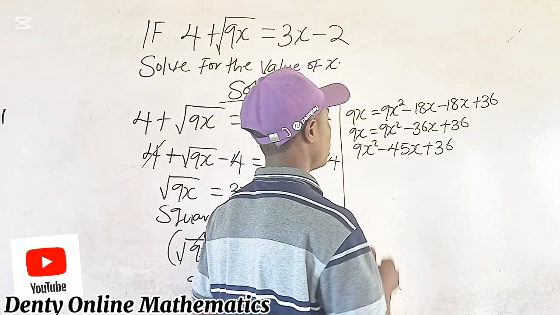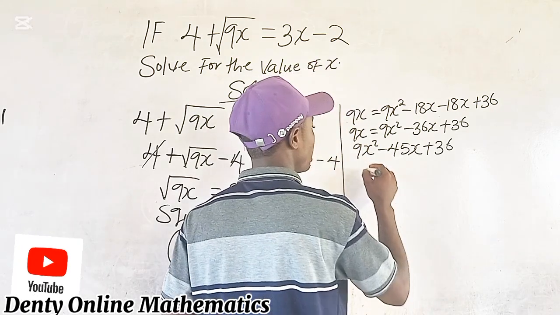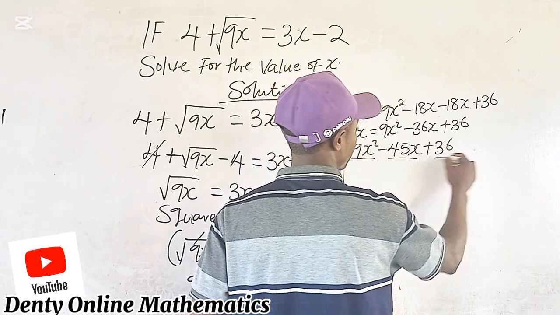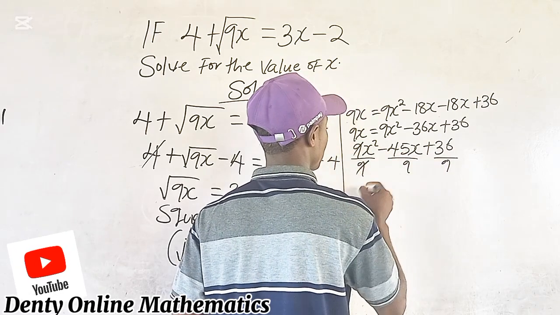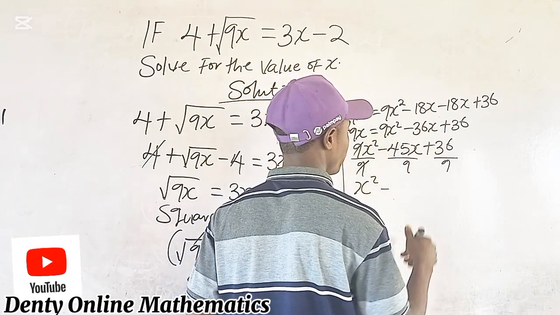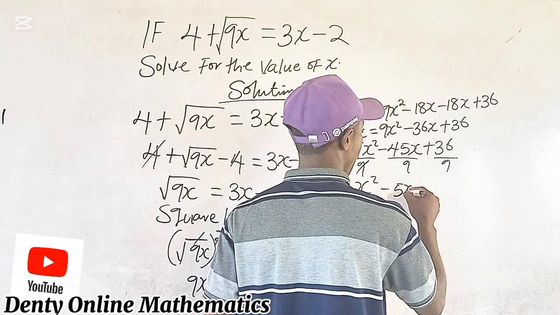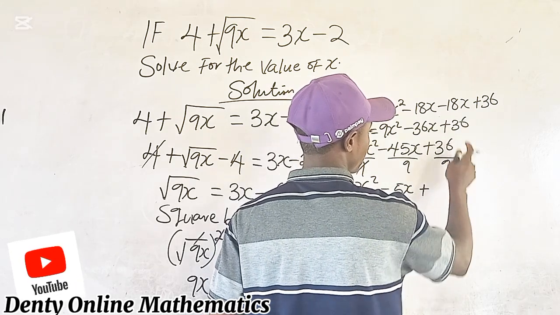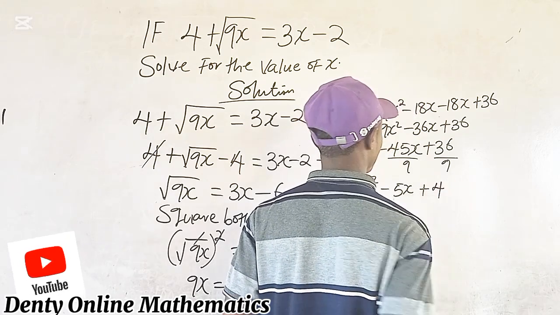Now I can factorize this, but to make it easier, let's divide through by 9. I'm left with x squared minus 45 divided by 9, which is 5x, and then plus 36 divided by 9, which is 4.